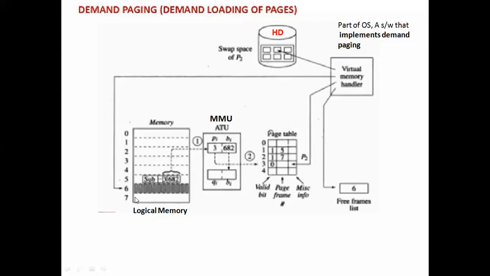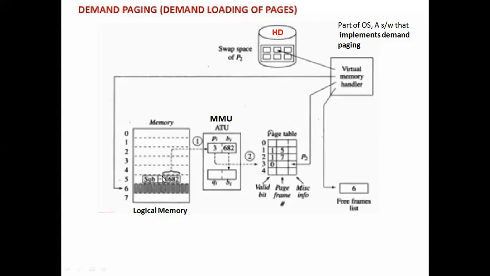Like in the logical memory, suppose I am doing the subtraction operation of an instruction present at the address 3,682. Again, we can separate this address into two parts. One is PI. PI indicates the page number, and BI indicates the byte count, or you can also call it the offset.